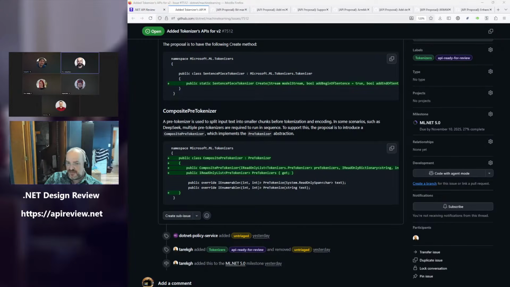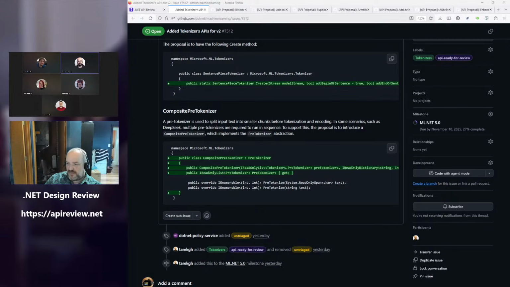For example, it requires first splitting the digits, from 0 to 7, for example. I don't know why, but after that, the remaining text can be split in a different way with another regex pattern. So basically it needs multiple pre-tokenizers to process the text before encoding it. And this proposal is to add another pre-tokenizer, which we call the composite pre-tokenizer.